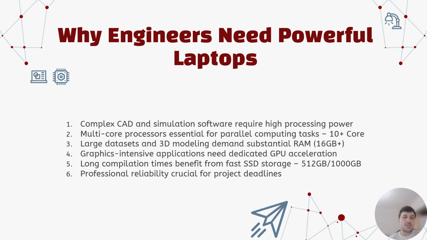The third category is large data sets and 3D modeling, which demand substantial RAM. To run the 3D modeling of our materials, of our models, of our devices, and to run large data sets of a PV plant or a nuclear plant, we do need higher RAM, random access memory.